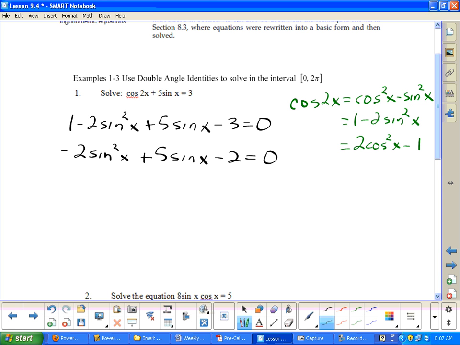What's the problem we have now? The squared term's negative, right? So we're going to change all the signs. We're going to multiply by negative 1. And then factor, hopefully.